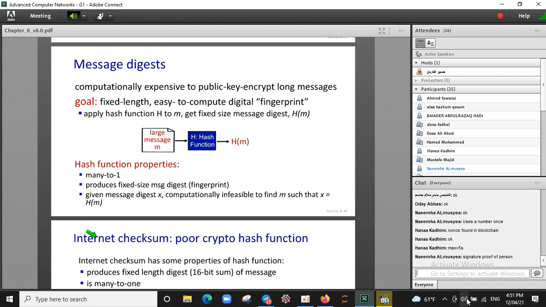Also, if I encrypt a large text, for example a 100 kilobyte text, the result is still 100 kilobytes.